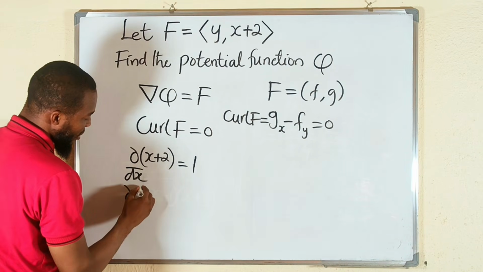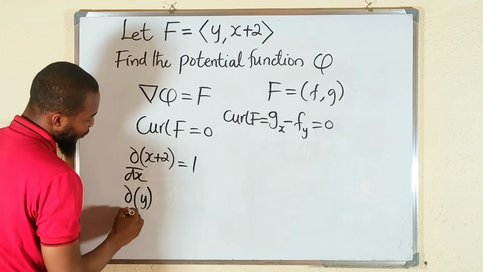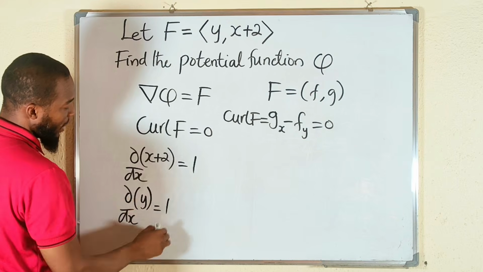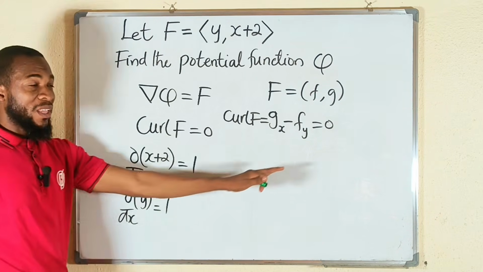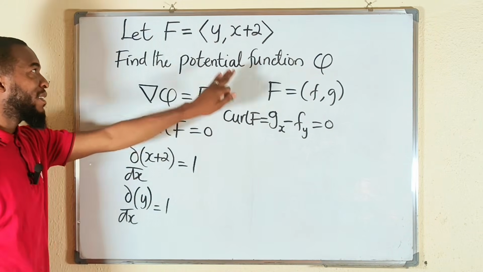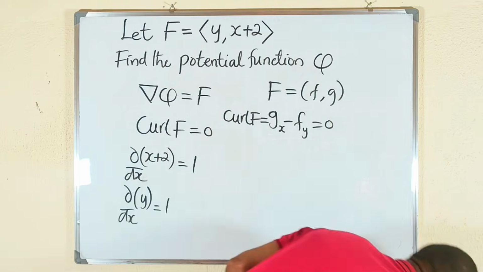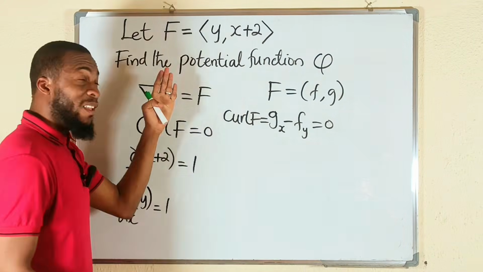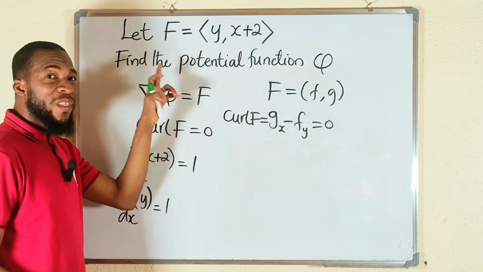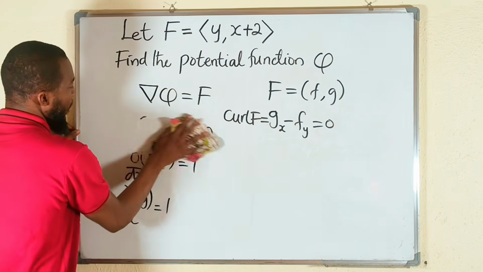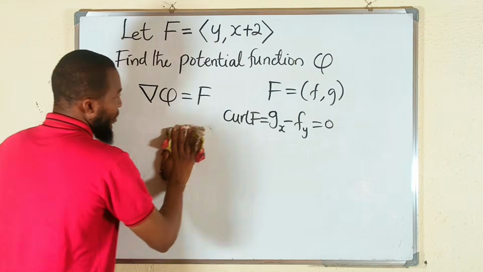So the derivative of y with respect to y is equal to 1. And you can see that 1 minus 1 is indeed 0, which implies that this is a conservative vector field. That's number 1. In case you don't know whether it is conservative, this is how you should test it. Then let's come back to the business.